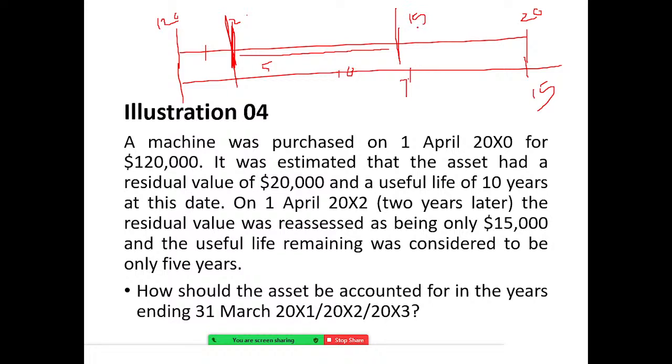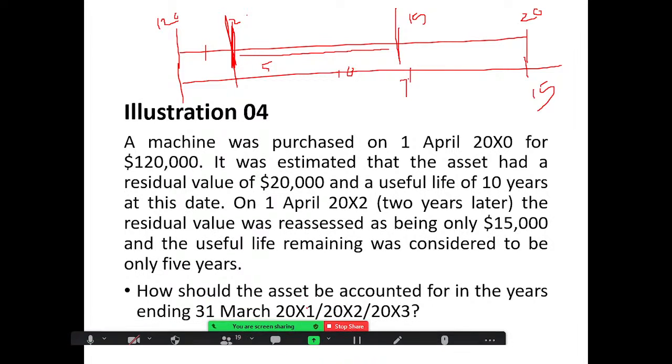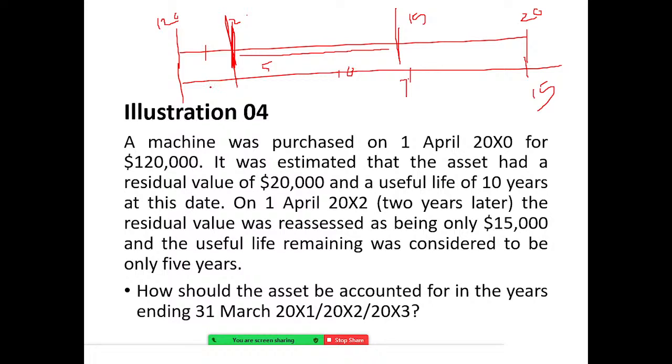So what to do? How should the asset be accounted for in the years ending 31st March 2011, 12, 13? The first year is very easy. So 10,000 for the first year, and at the end of the second year also 10,000, and in the third year it will be different. So how? First we have to take the carrying amount.